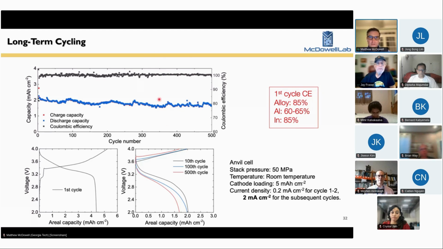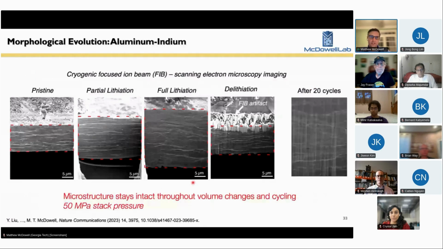The real benefit of this sort of multi-phase alloy is the good stability, but most importantly the initial Coulombic efficiency. Pure aluminum traps a lot of lithium, as I mentioned before. The Coulombic efficiency is only about 60 or 65%, really terrible. With this two-phase microstructure, we can get 85%, even higher than that, on the first cycle. And this is because of this two-phase network.